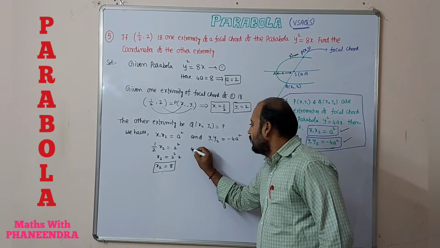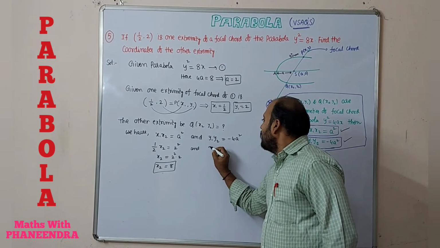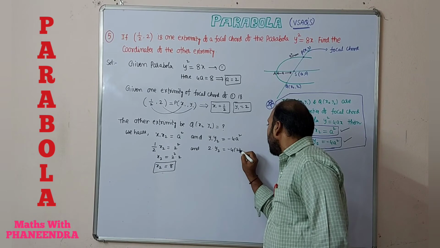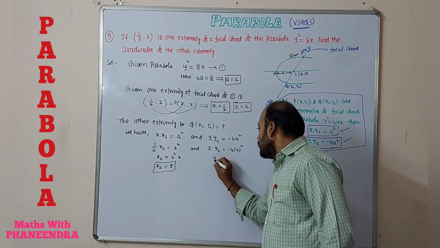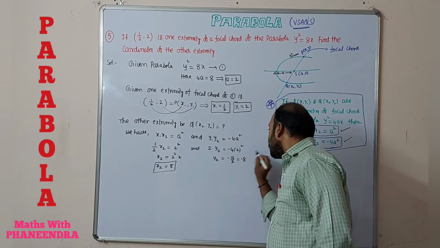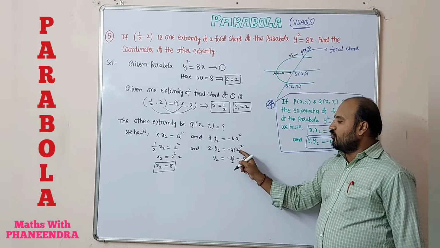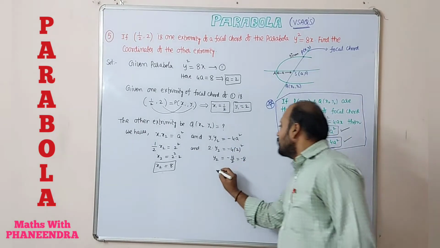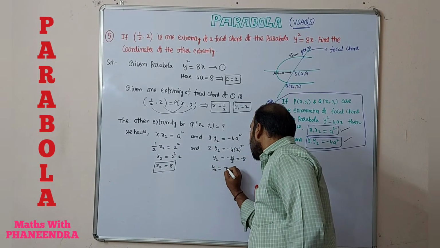And y1 value is 2 into y2 is equal to minus 4 into 2 square. So y2 is equal to minus 16 by 2, which is equal to minus 8.